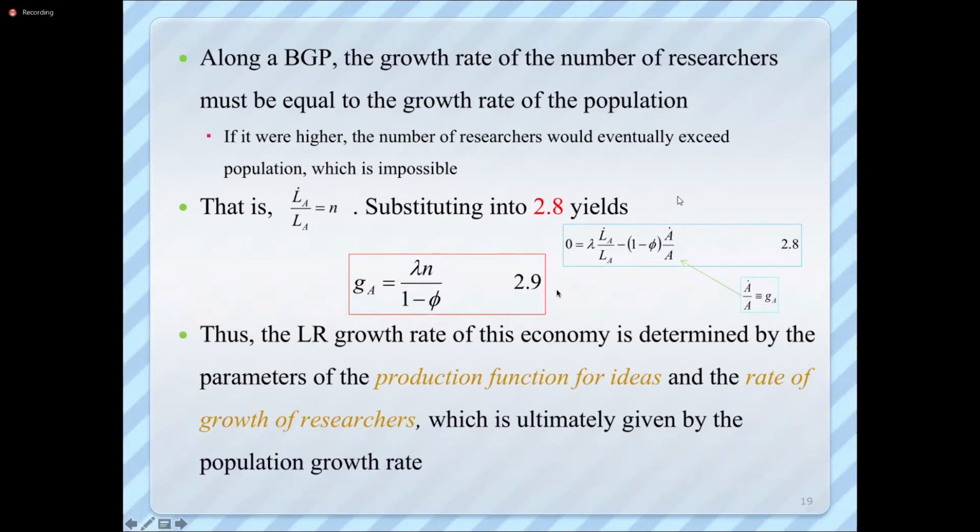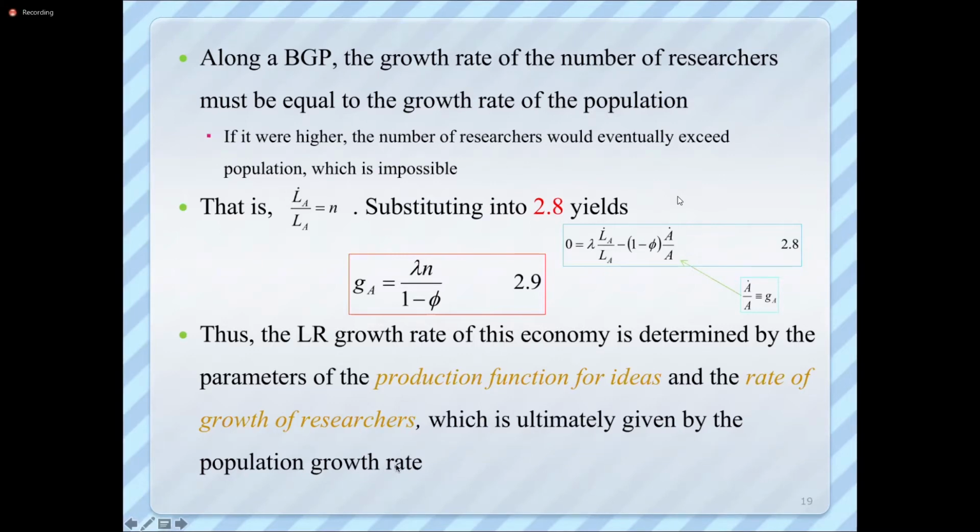What does 2.9 say? The long run growth rate of this economy is determined by the parameters of the production function for ideas. What are the parameters of the production function for ideas? LA, delta, lambda, as well as P, right? And the rate of growth of researchers, which is ultimately given by the population growth rate.